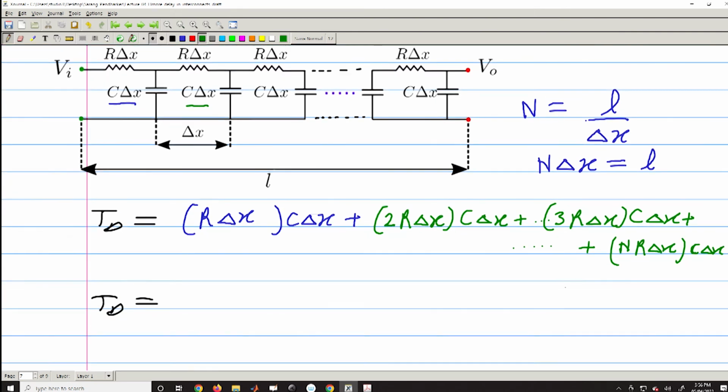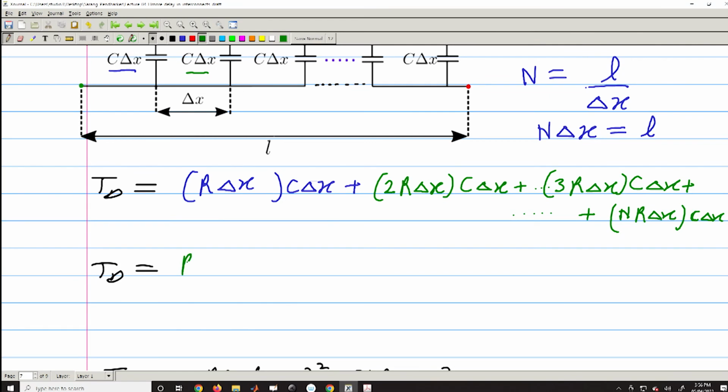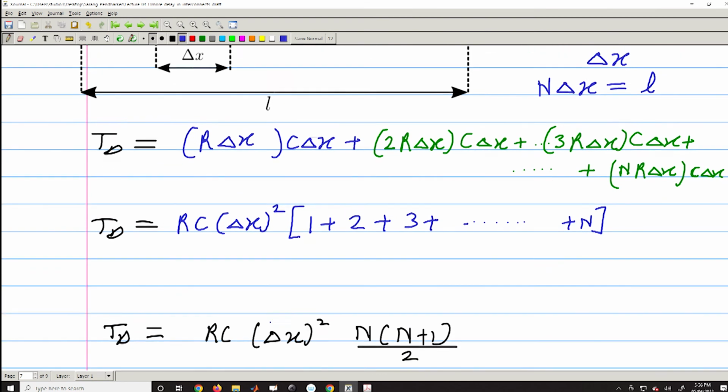I can then rearrange this to write it like this. I can take R and C outside, there would be a term of delta x square, and here would be 1 plus 2 plus 3 plus going all the way up till n. So, what is this summation?